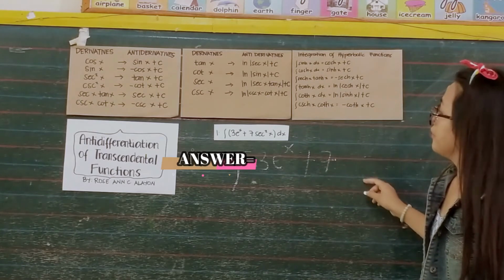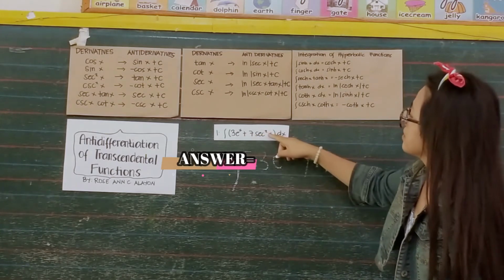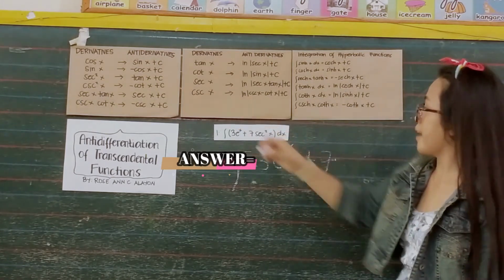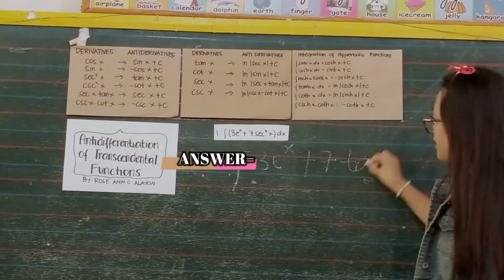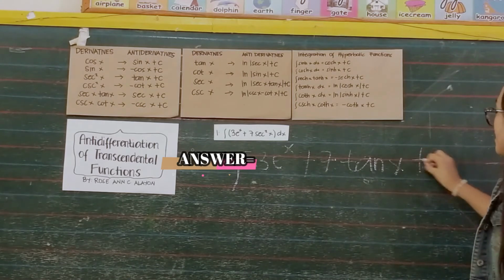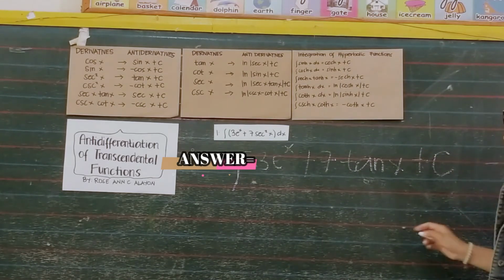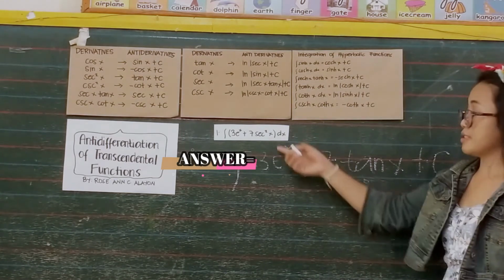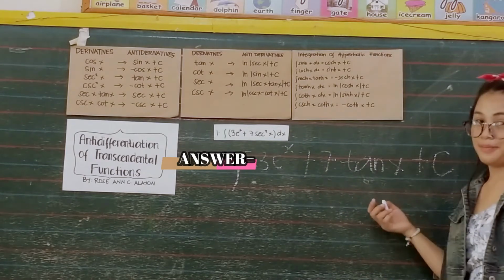The antiderivative of sec squared x is equal to tan x. And don't forget to put plus c. So this is the answer for this problem.